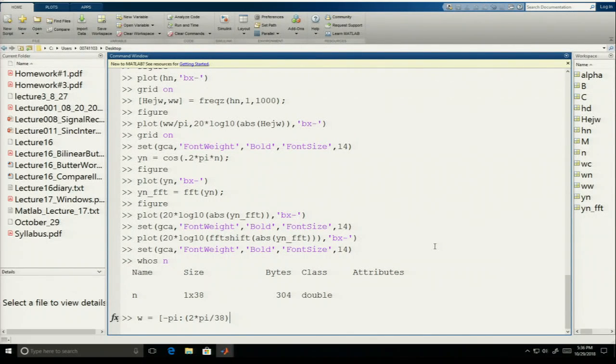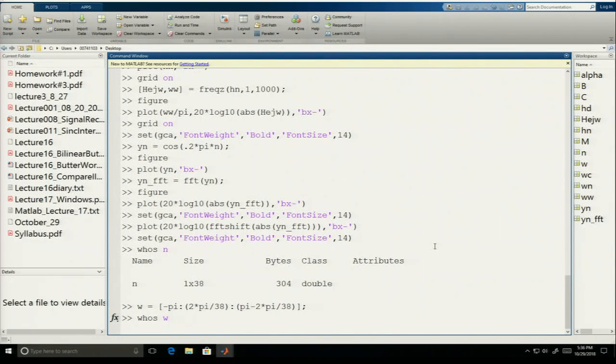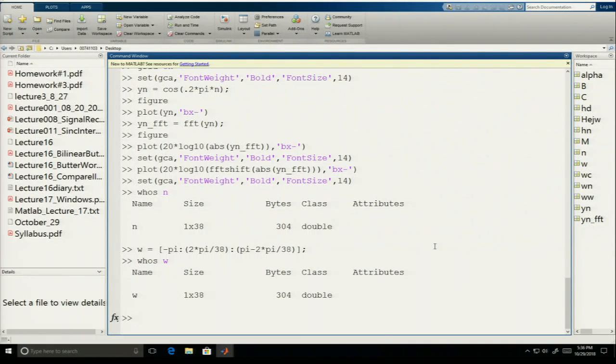So I have 2 pi, minus pi to pi, and I'm dividing it into 38 chunks, right? And what do I want to go to? I have minus pi on this side, but plus pi and minus pi are the exact same, so I don't want to go that far. I want to go to pi minus 2 times pi over 38. There's my frequency variable, W. Better be 38. It is.